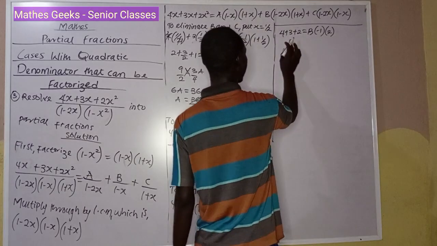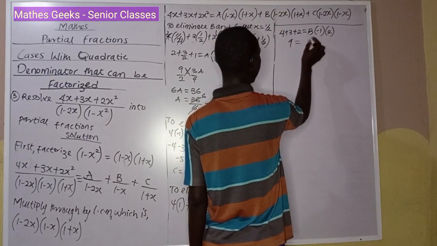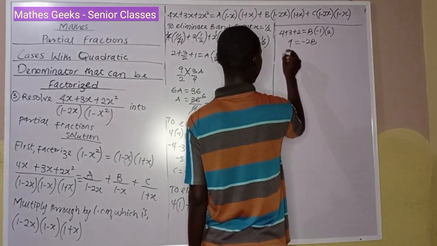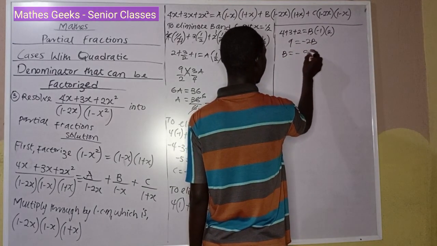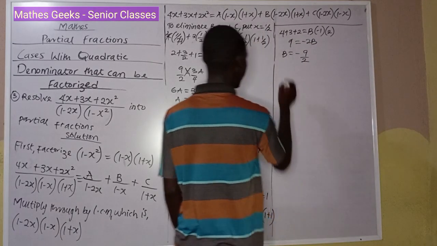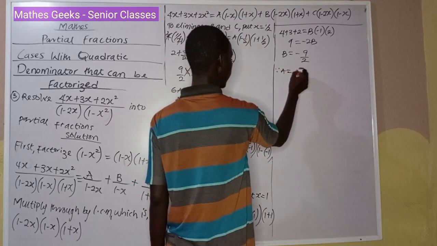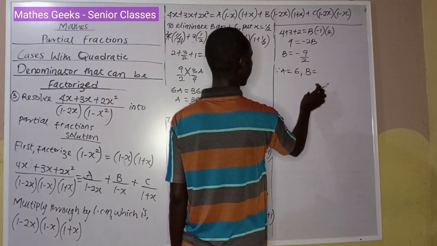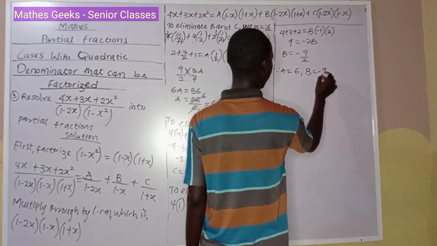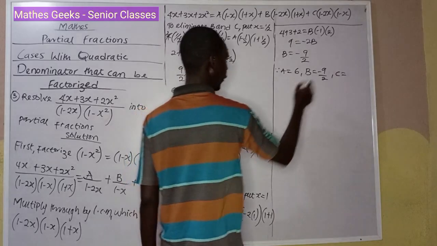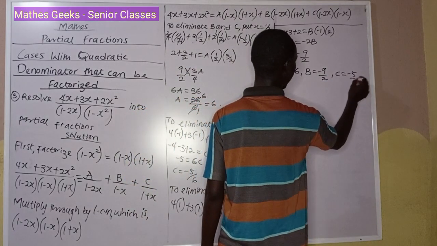So 4 plus 3 is 7, 7 plus 2 is 9, minus 2b, so b is equal to minus 9 over 2. So therefore A is equal to 6, b is equal to minus 9 over 2, and c is equal to minus 5 over 6.